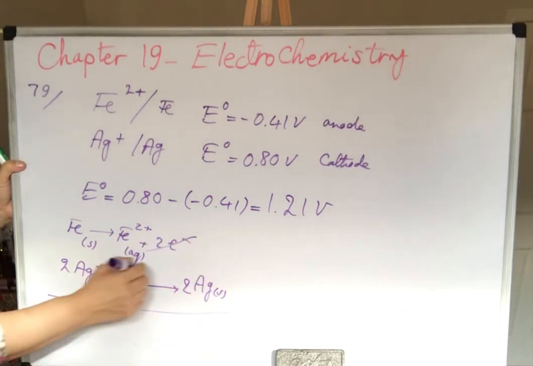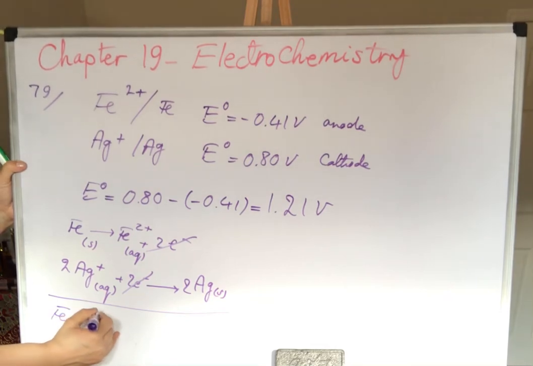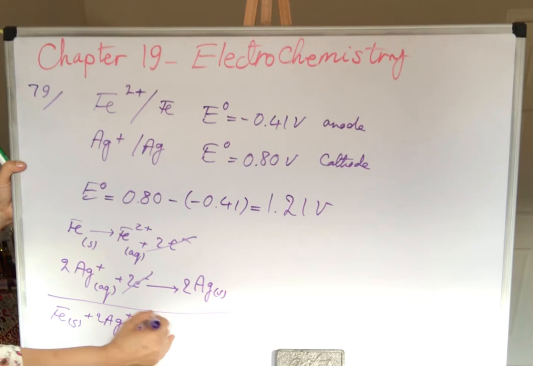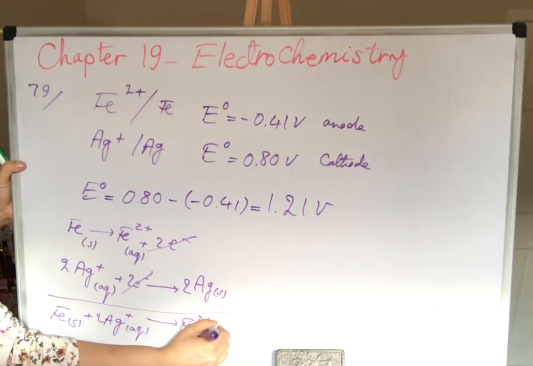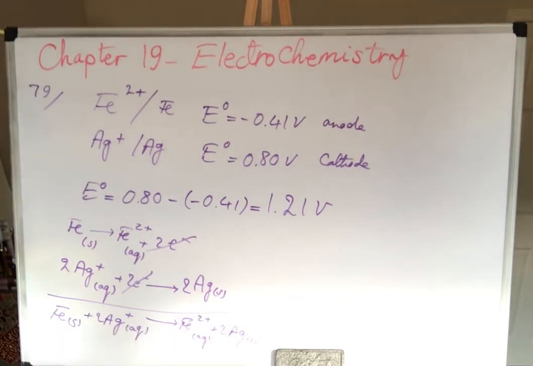So now you can cancel the 2 electrons. You have Fe solid plus 2 silver ions gives Fe2+ plus 2 Ag solid.